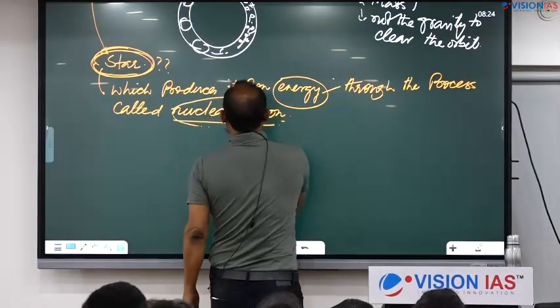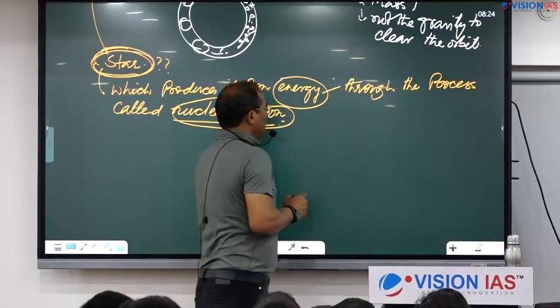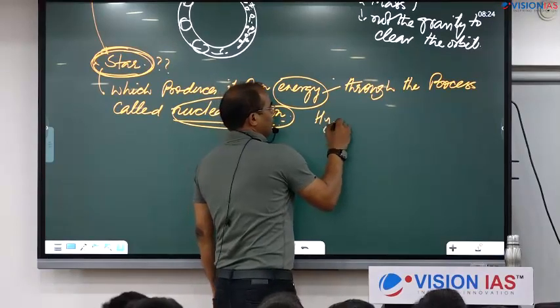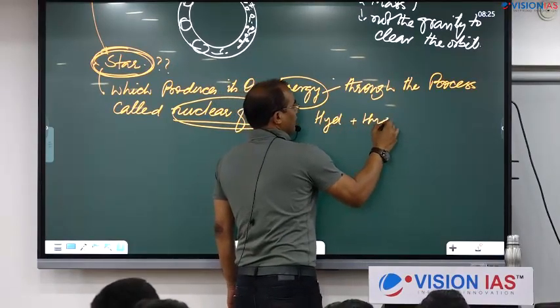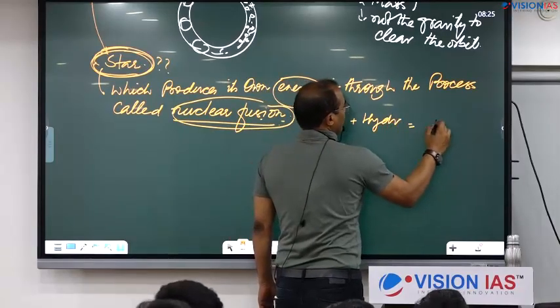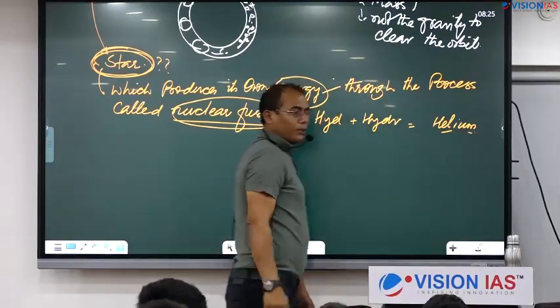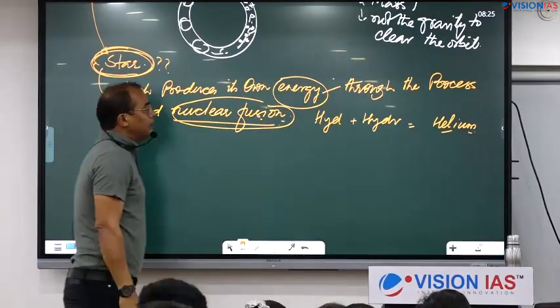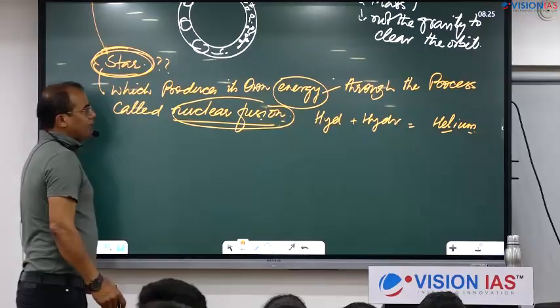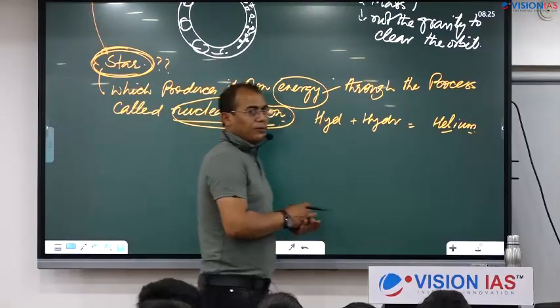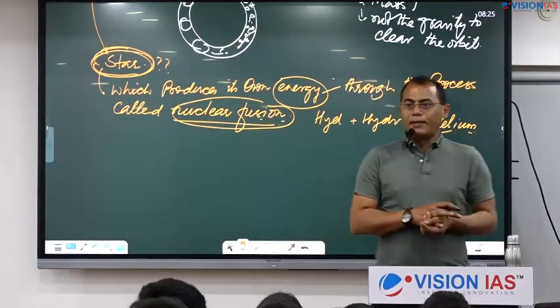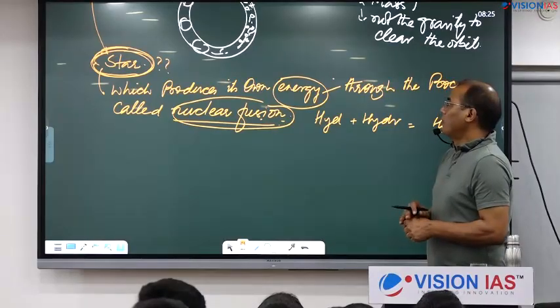How? Fusion means joining. So hydrogen plus hydrogen makes helium. In this process, it releases energy, and a part of that energy is seen in the form of light. And that's what you call a star.